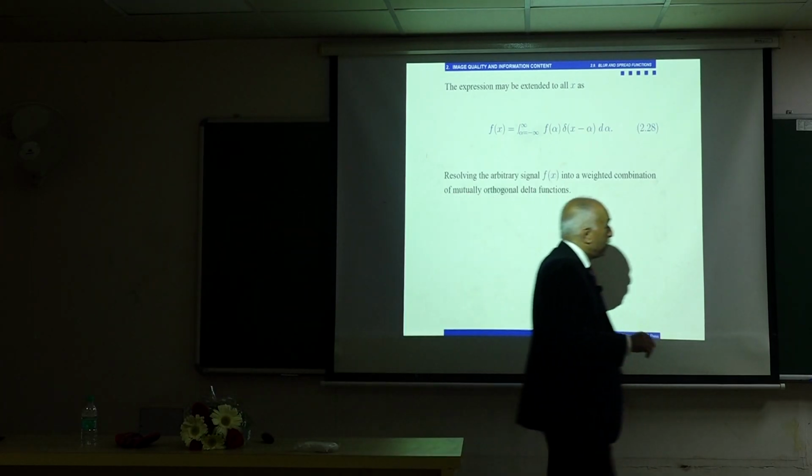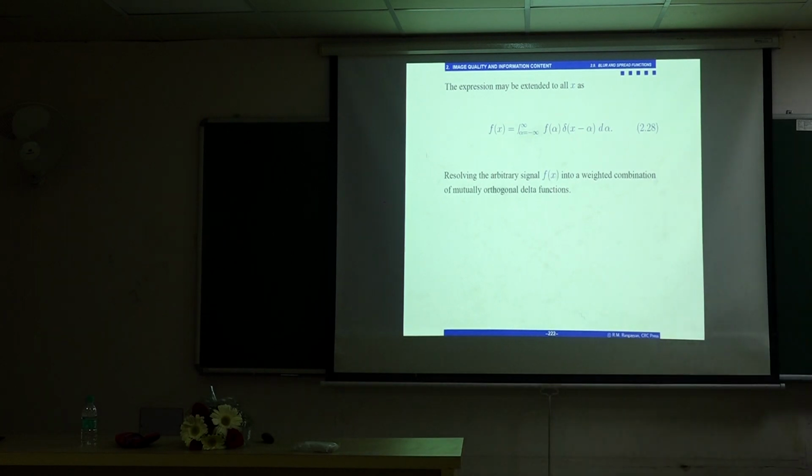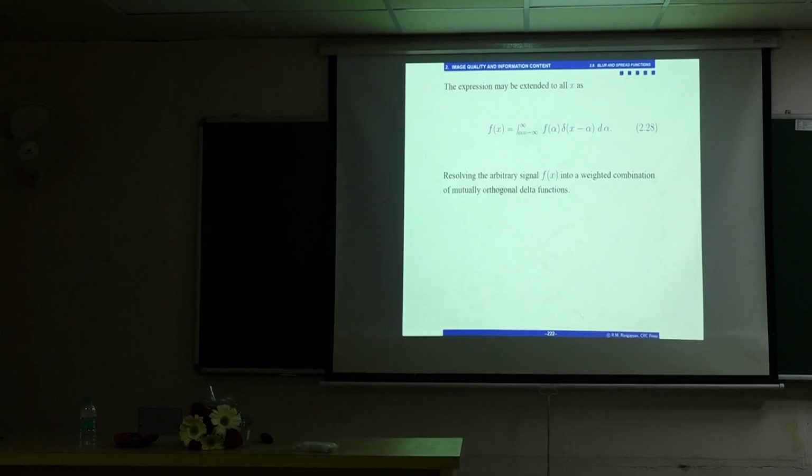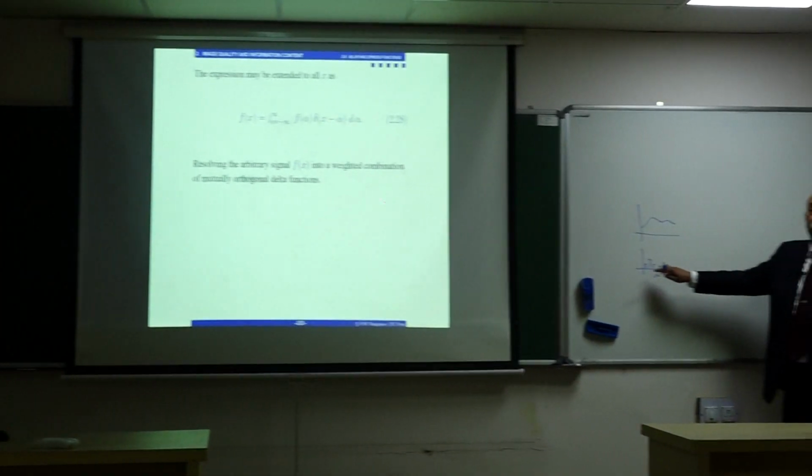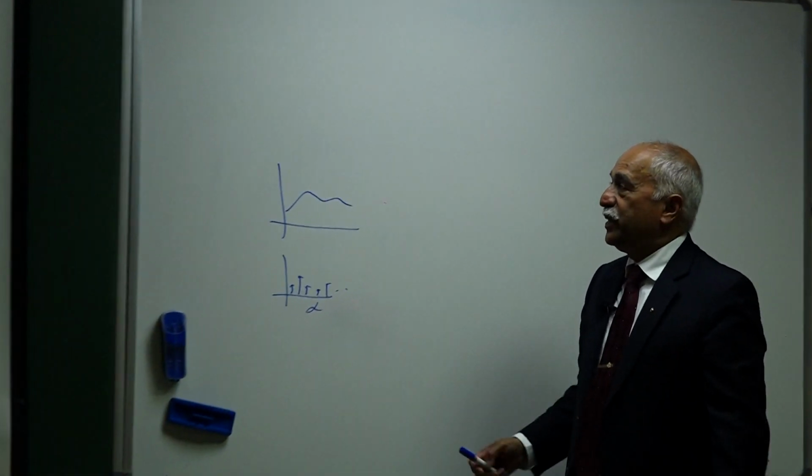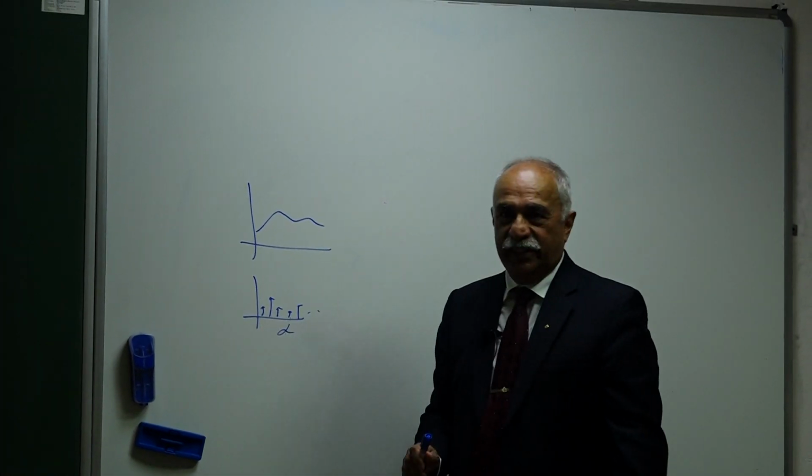So we can say any function that is going like this is simply a bunch of delta functions and so on. When you put them all together, depending on the position alpha, that is the signal represented in terms of delta functions. What it says is any arbitrary function f(x) can be expressed as a sequence of impulse functions, delta functions.